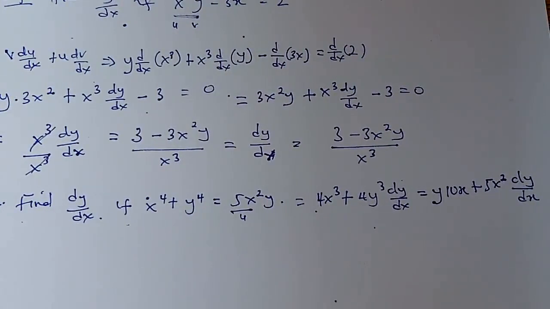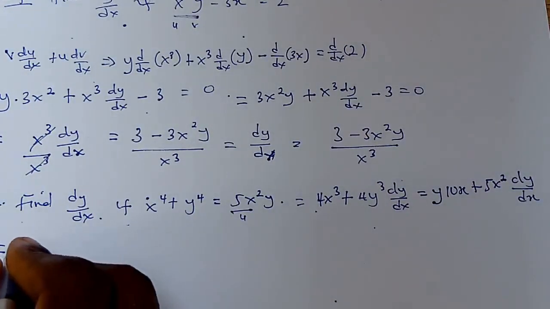So now we have our final thing to be like this: 4x cubed plus 4y cubed dy/dx equal to 10xy plus 5x squared dy/dx. Okay, and then we know that from this type of question we just want to find the gradient function, or dy/dx. So all that we need to do here is put the dy/dx terms together, so we're grouping like terms now.